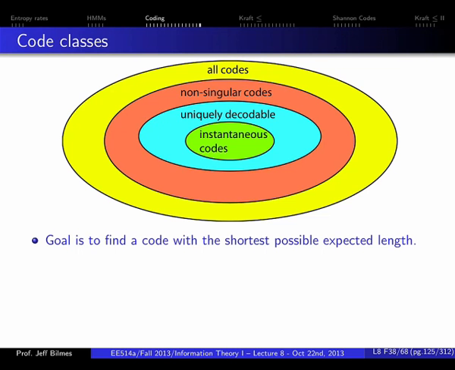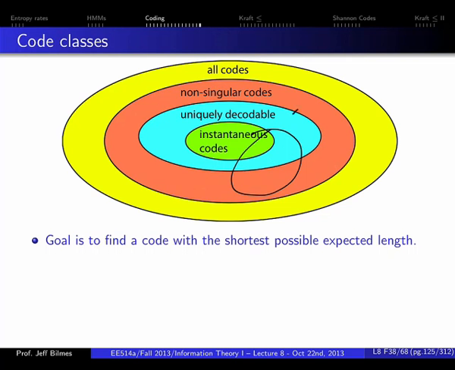Now the question is, where do the optimal codes live? By optimal, we mean the optimal error-free codes. Do they live here? Or here? Or here?